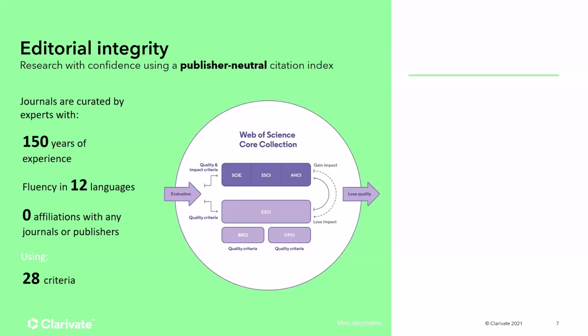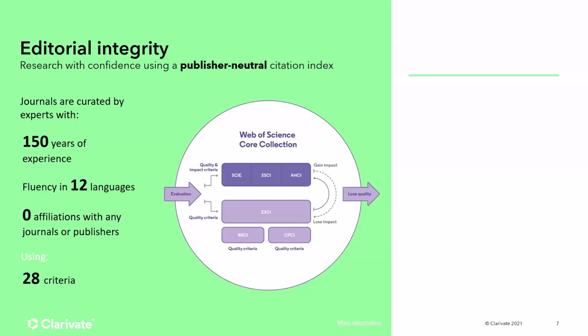If a journal meets the 24 quality criteria, it will be indexed in the Emerging Sources Citation Index, which has over 8,000 journals. If the journal meets the 24 quality criteria plus the 4 impact criteria, it will be indexed in what we call our flagship citation indexes, the Science Citation Index Expanded, the Social Sciences, and the Arts and Humanities.